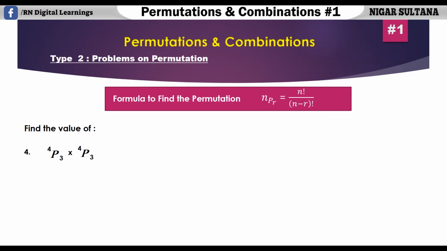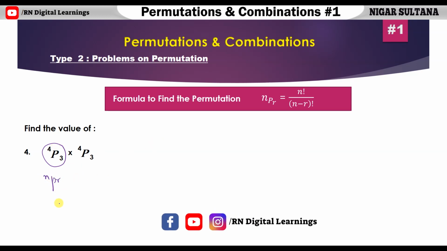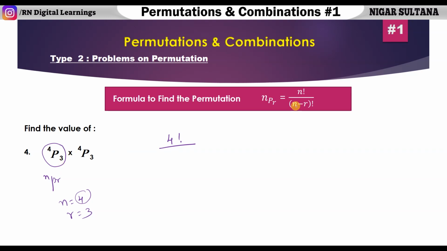Now let's calculate the next value, that is 4P3 into 4P3. Now first let's calculate this. This is in the form of nPr, the value of n is 4 and the value of r is 3. So n factorial is 4 factorial divided by n minus r, 4 minus 3 is 1 factorial. We have one more same. So write down 4 factorial divided by 1 factorial.